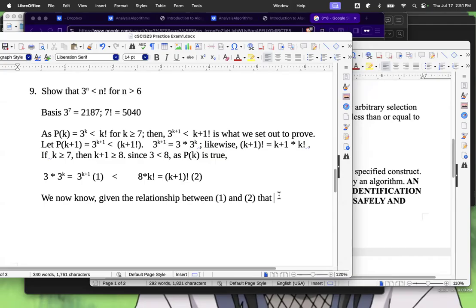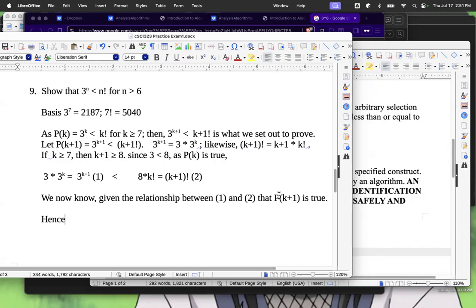Okay, so we know that P of K plus 1 is true. So now we could say the following.